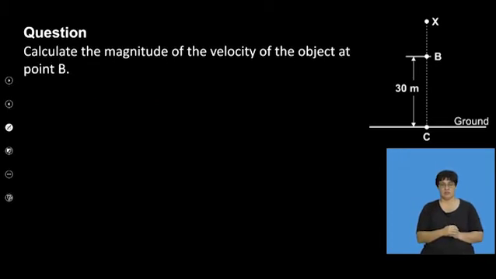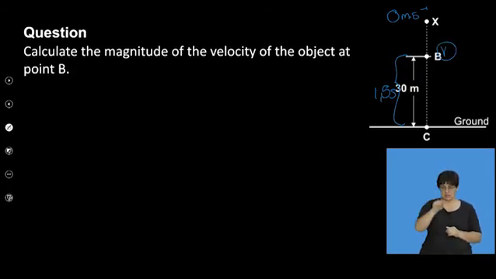Then they say, calculate the magnitude of the velocity of the object at B. We've now got to consider what we know. I know that this little section here takes 1.5 seconds. I know the initial velocity at X is 0, and I want to know what the velocity here is.